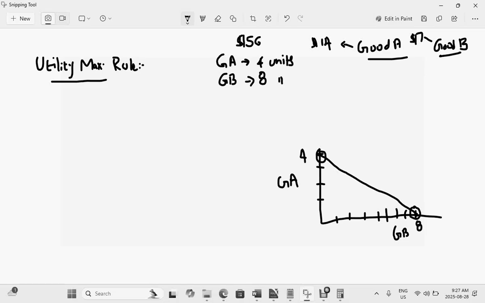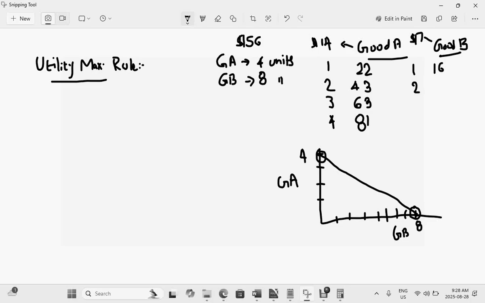If you were to set up a table of values for good A and B, consuming 1 unit of good A gives you 22 units of utility, and consuming 2 gives you 43, and so on. Let's say this is 63, and this is 81. On the other side, you have good B, where consuming 1 unit gives you 16 units of utility.